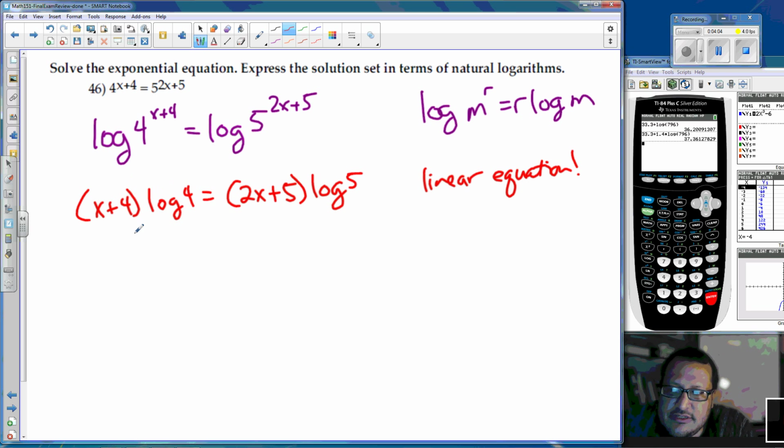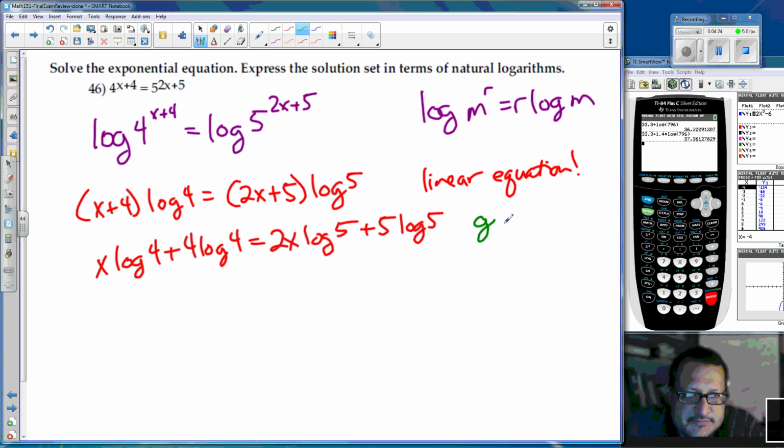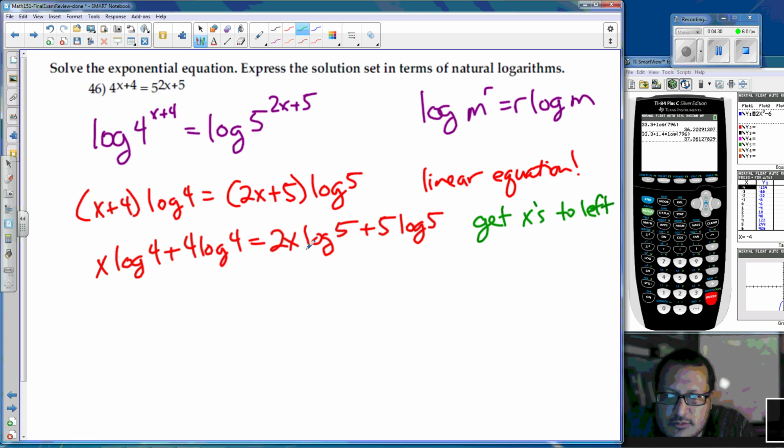So we distribute the logs through, and we have x log 4 plus 4 log 4 equals 2x log 5 plus 5 log 5. We want to get the x's to one side. So we're going to move this over here, and then move this one over here.